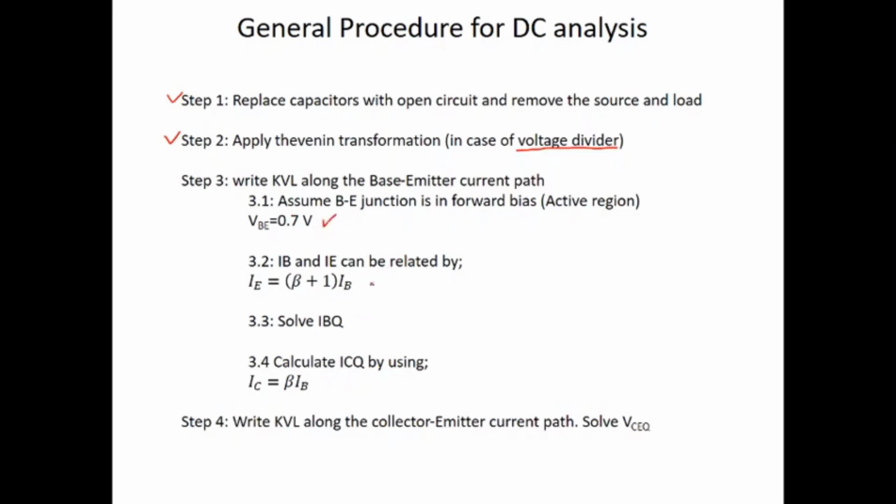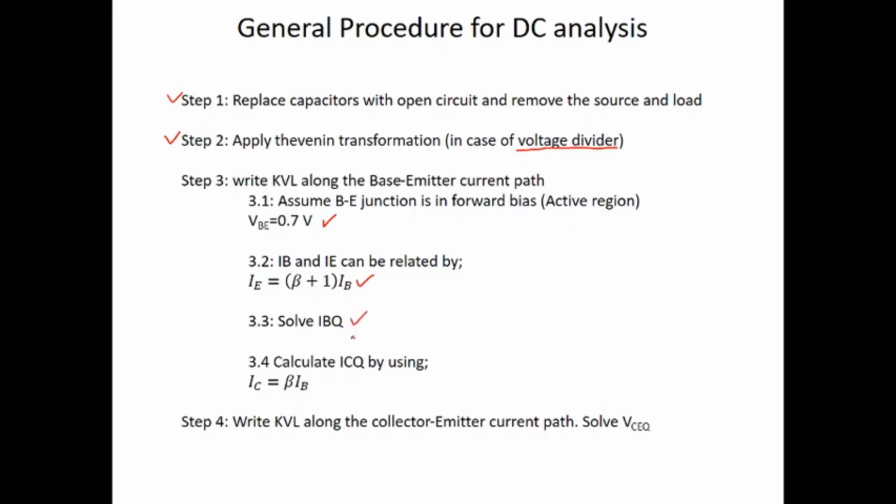And then when you do the KVL, there will be base current and emitter current. The emitter current can be represented by the base current using this equation. Now you should have a KVL equation with only IB as the variable, so you can solve for IB.